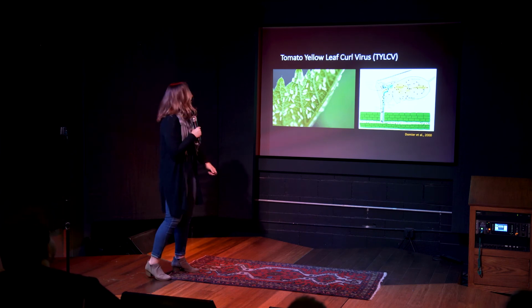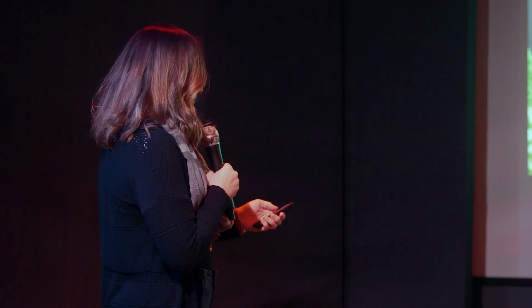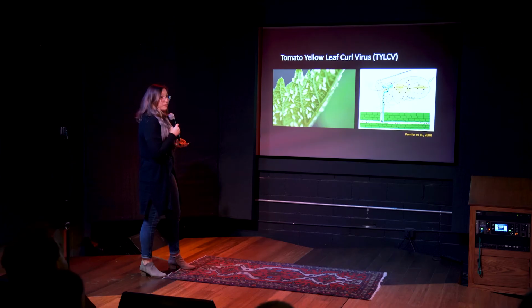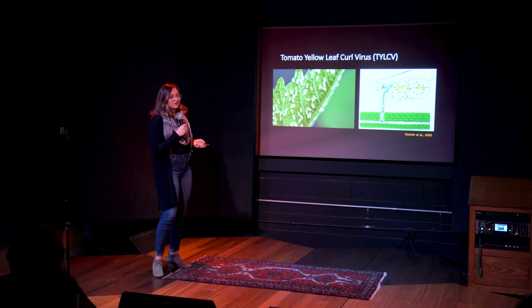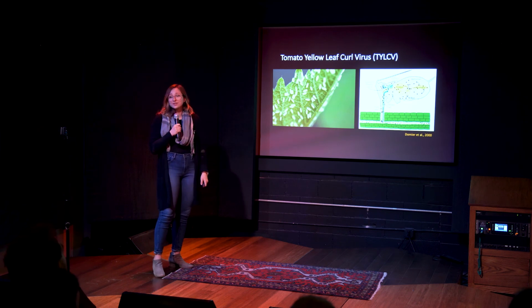Anyway, it's about barley yellow dwarf virus, but it's a really great picture of how this works. So the whiteflies feed off of what we call phloem sap. And basically the phloem is just how plants transport their sugars and everything. So the whitefly's like, that's awesome.